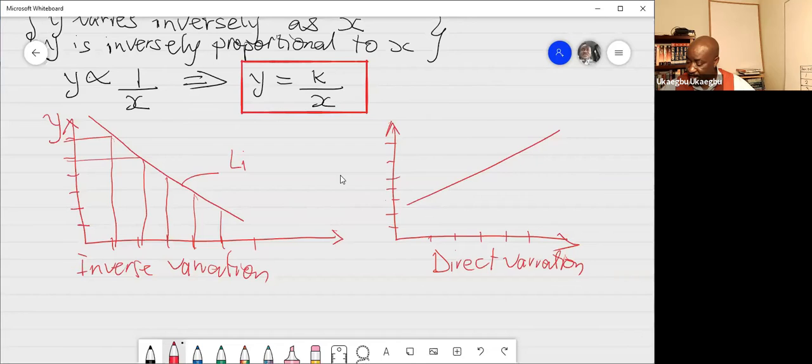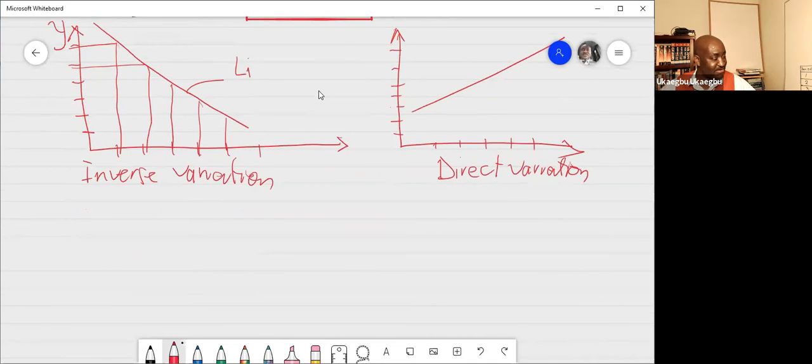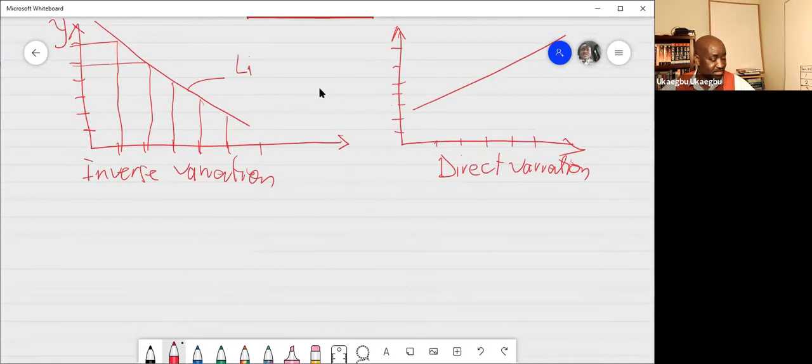Okay, so now let me try to write down the variation itself. It says that the demand for the product varies inversely as its price.